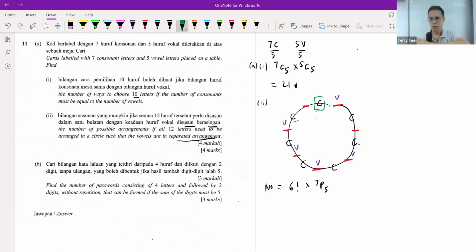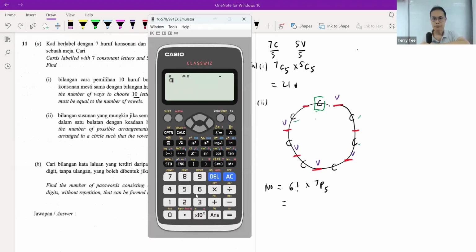But you cannot put the vowels next to each other. So that's why we say 7 arrange 5 to fill up the remaining positions, and we multiply together. That gives us 6 factorial times 7 arrange 5, which is 1814400.